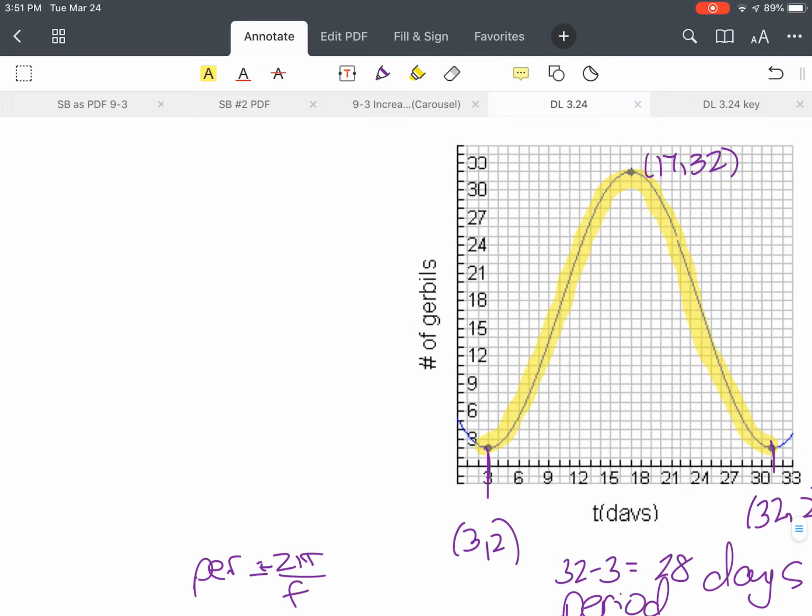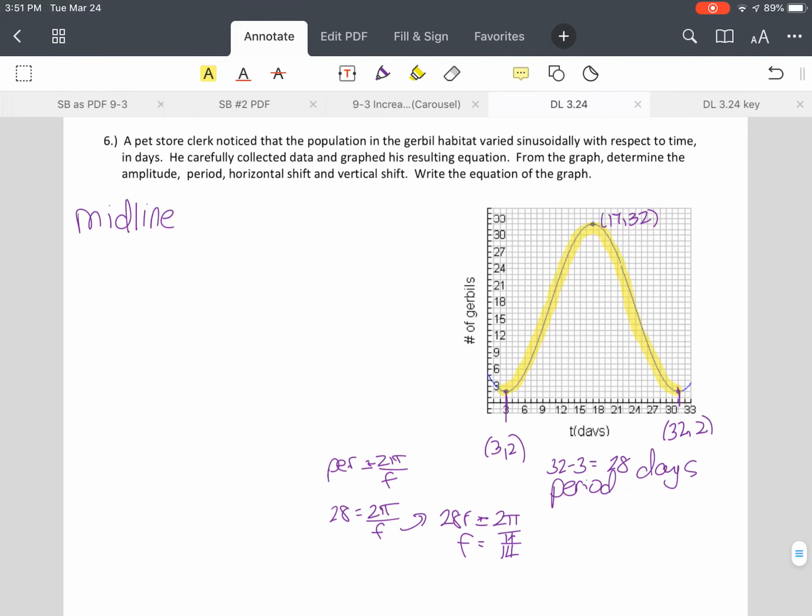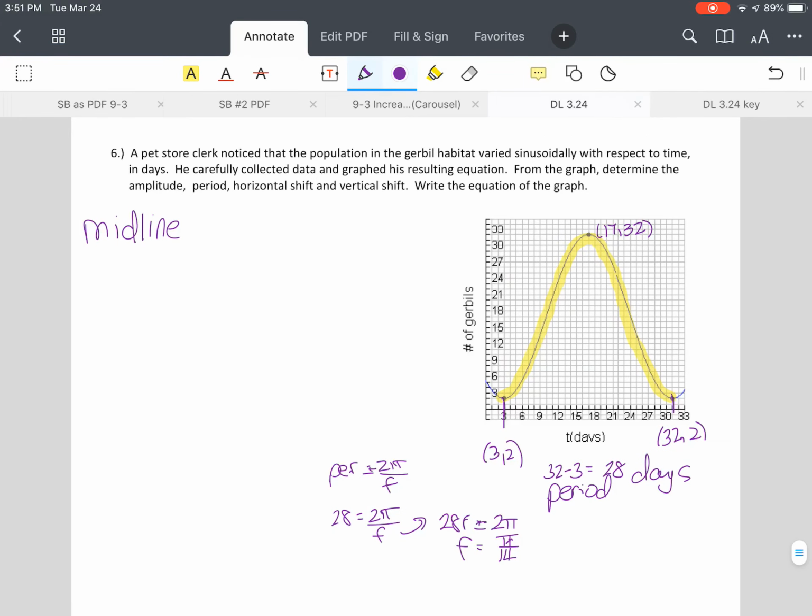So it looks like to me the highest y is 32, the lowest y is 2. So let's do the average of those. Okay, so that's 34 divided by 2, which is 17. Okay, so let's draw that in.